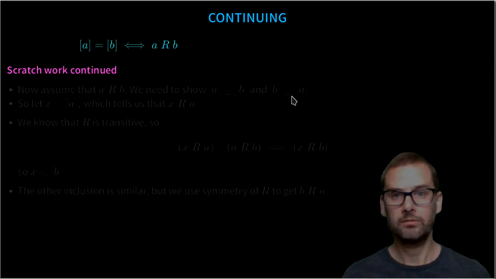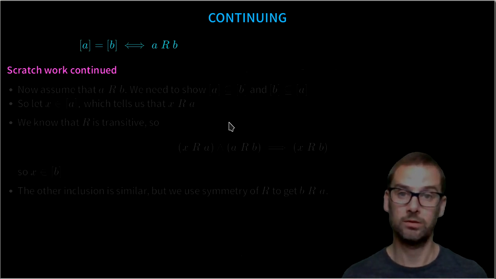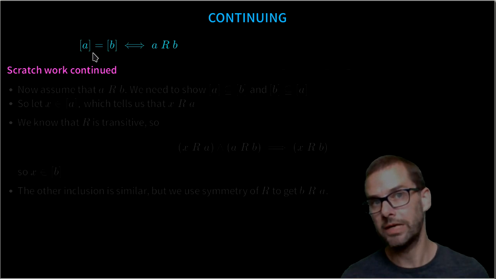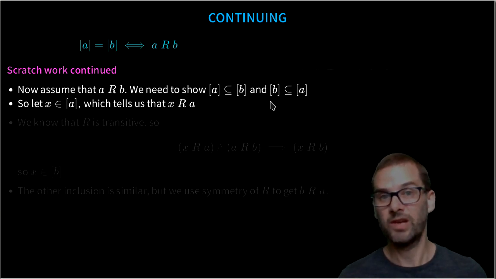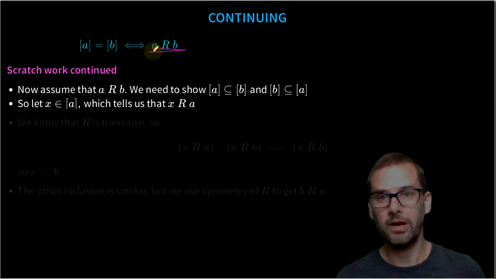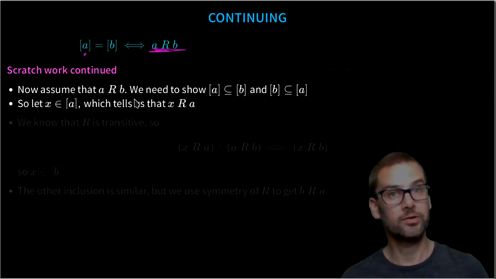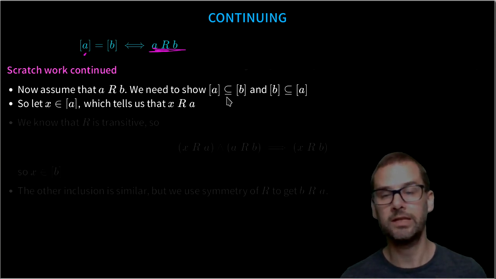Going on to the other way, now we have to assume that a R b and show that that implies that these sets are equal. Of course, in order to show equality of sets, what do we have to do? We have to show that they're subsets of each other. So let's assume a R b and pluck out an element of this set and show that it's in the other set. So that's proving this inclusion.